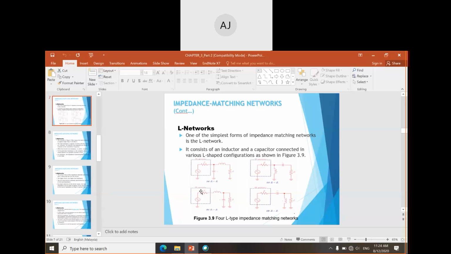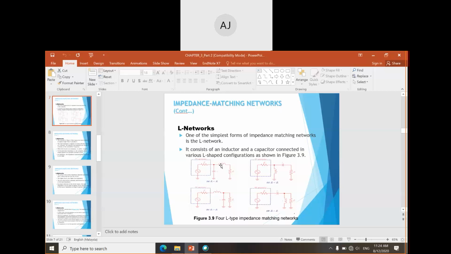So compared to this network and that network, the L network A is much better because of the Z load.